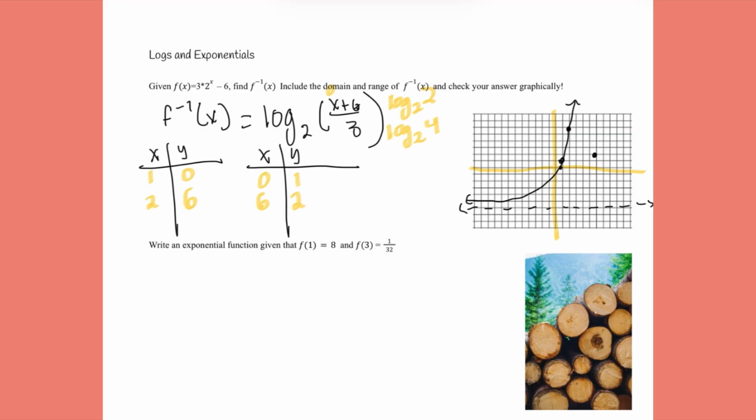To flip it for the inverse, it's going to be at x equals -6, which is 3, 4, 5, 6. Now I can draw the function. And that's how you graph the functions.